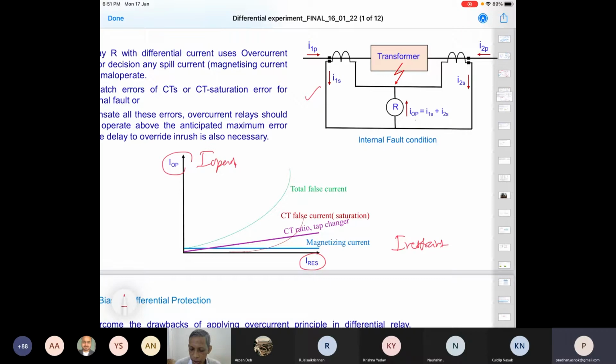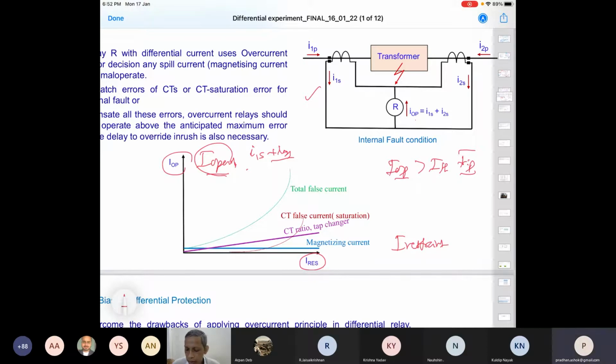The corresponding I1S plus I2S, the secondary current addition. This branch current is the operating current. So earlier our thought was the overcurrent principle: if I operating, phasor let us say, is greater than I threshold, this is a trip.